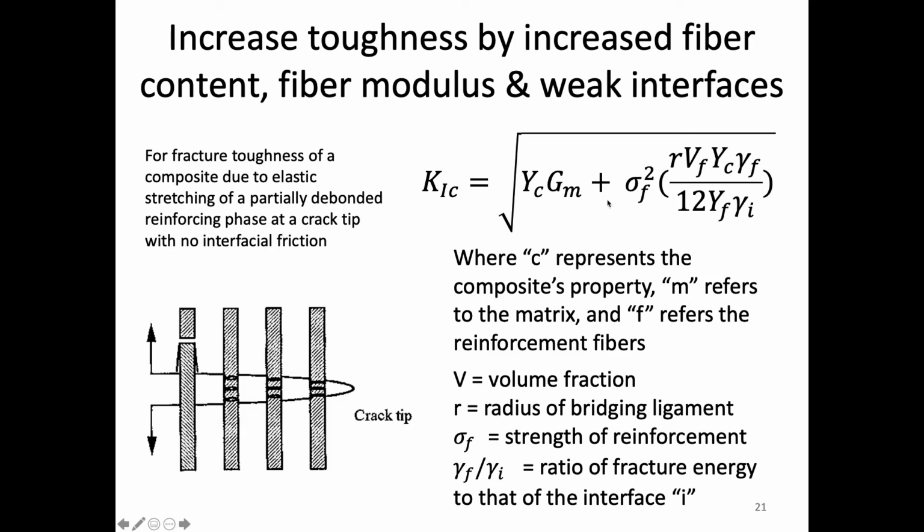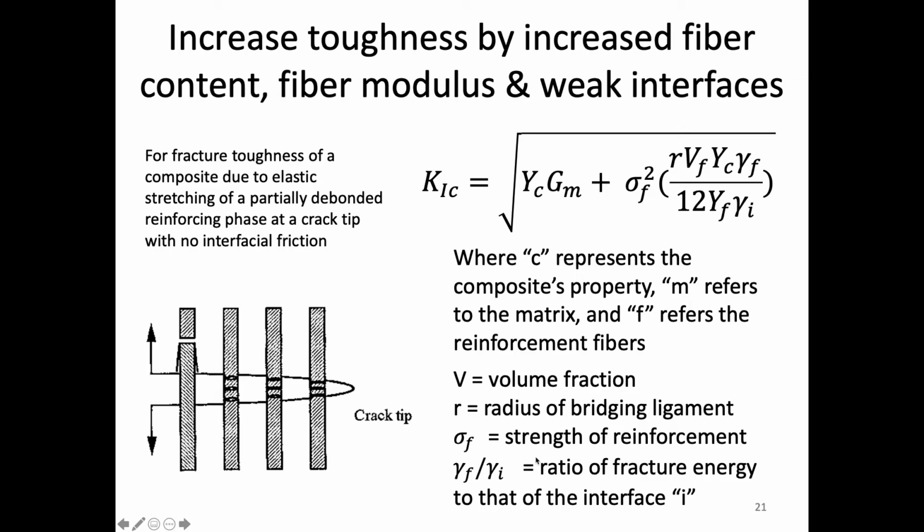If you see M, it refers to the matrix, so what the fibers are added to. And then F is obviously for the reinforcement fibers. So then V refers to the volume fraction, R the radius of the bridging ligaments. Sigma F here is the strength of the reinforcement, and then these values here refer to the ratio of surface energy or fracture energy in these cases.